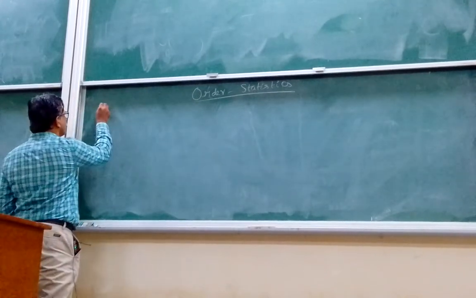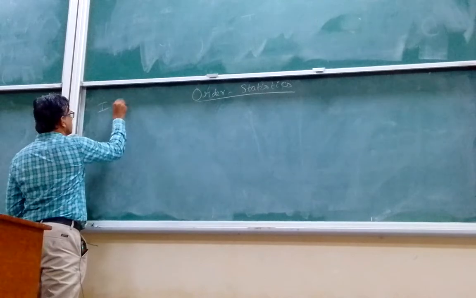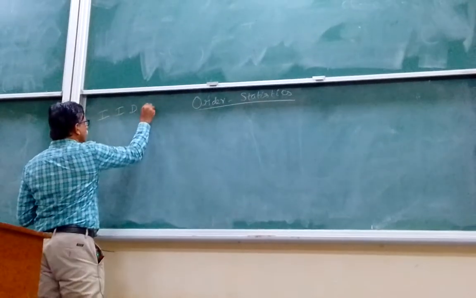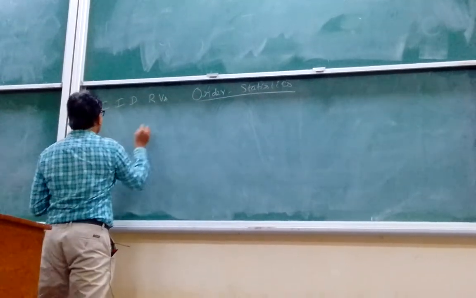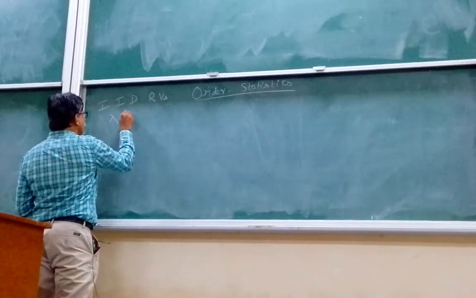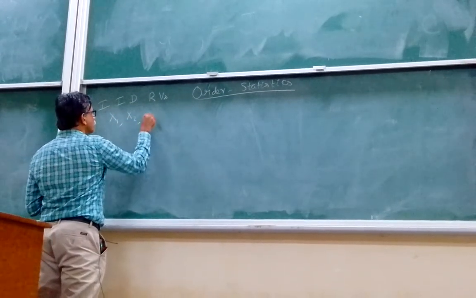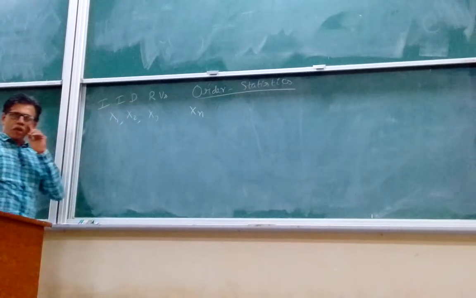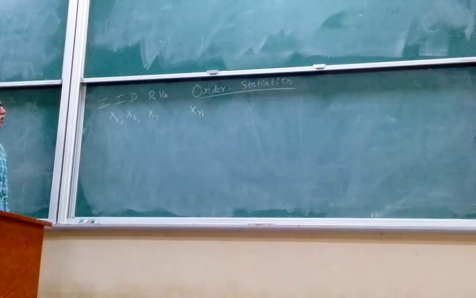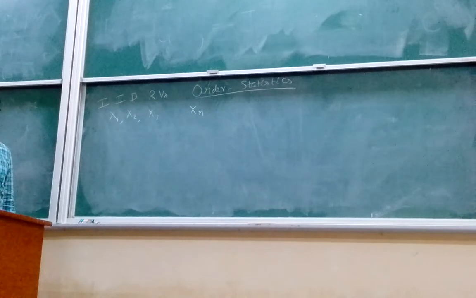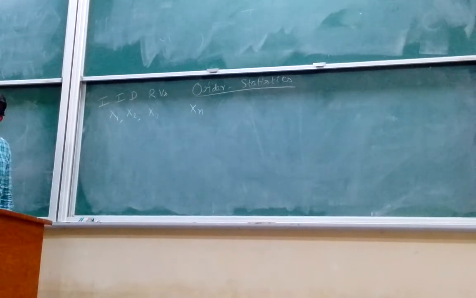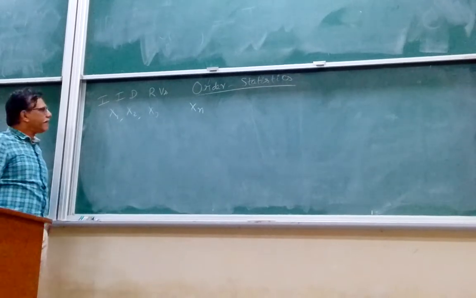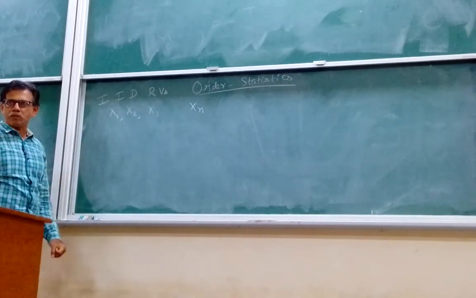The situation is like this. We have a collection of IID random variables. We will denote it as x1, x2, up to xn. Then you do the random experiments and get the realizations of these random variables.